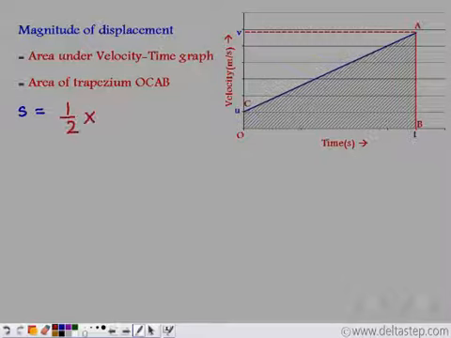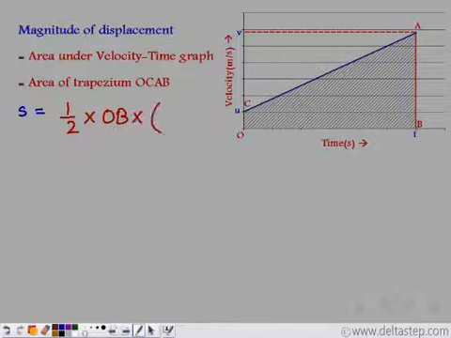What is the altitude? Altitude is the distance between the parallel sides. So OC and BA are the two parallel sides, and the distance between the parallel sides is OB. So OB is the altitude of this trapezium into sum of parallel sides.